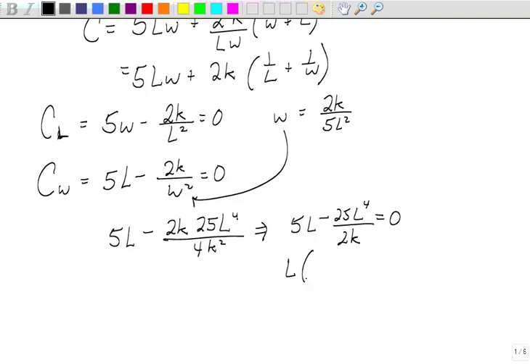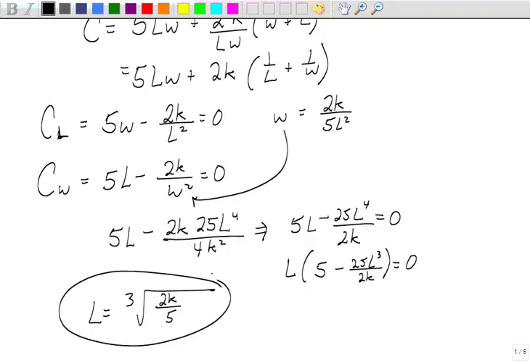So factor out an L. We get L equals 0, which doesn't give us anything, or L is the cube root of 2K over 5. So that's one of our unknowns.